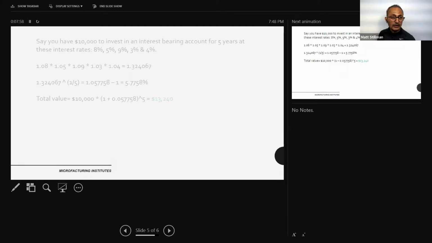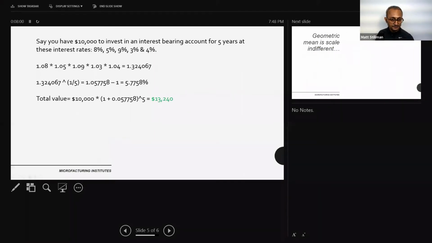So if we had this 8%, the same $10,000 invested across 5 years, 1.08 times 1.05, 1.09, and so on, you get 1.324067, okay? And because you have 5 numbers, you take the 5th root.